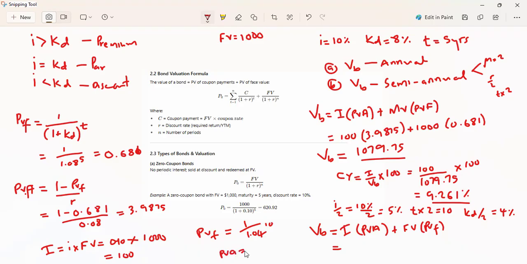So I'm going to give you 3 minutes. You give me the annuity factor and the present factor. 8.11. Okay.